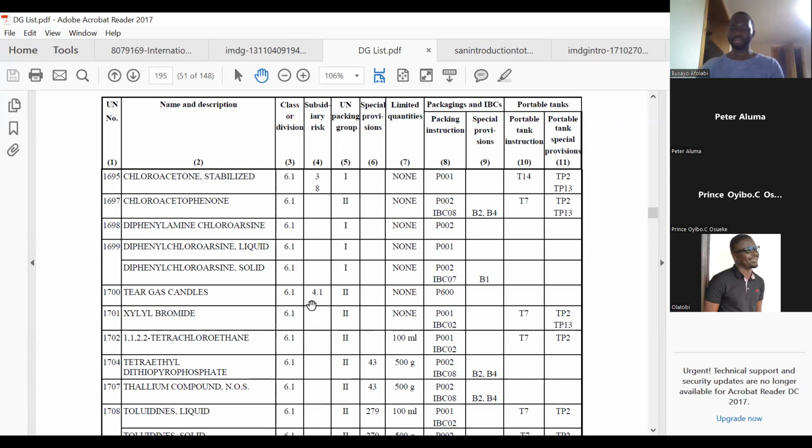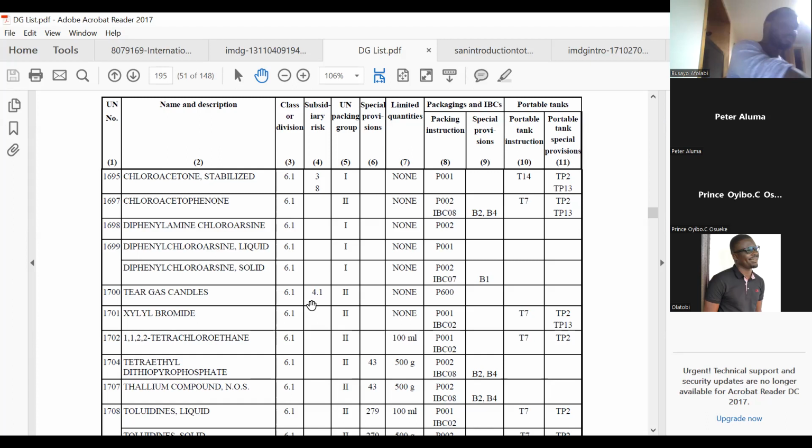Maybe it's the number or quantity of what we should have on board or we should carry. I'm not sure. Yeah, we get it there.